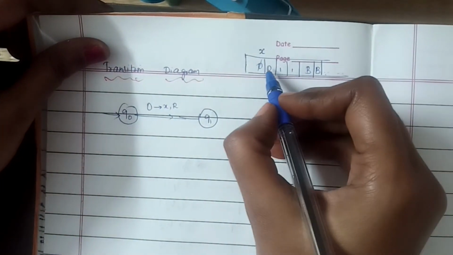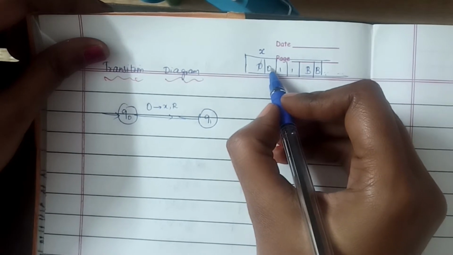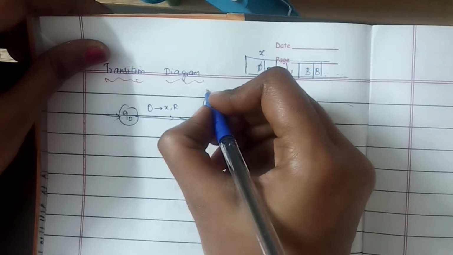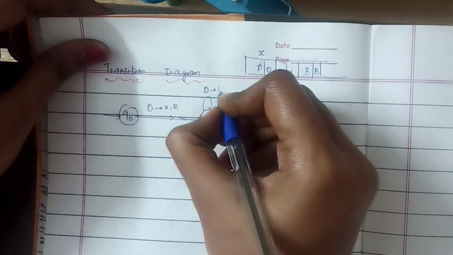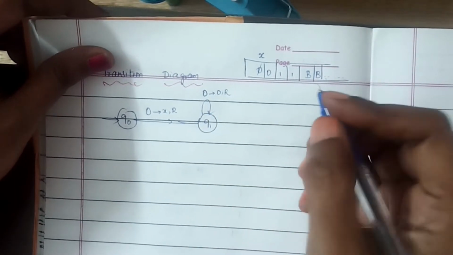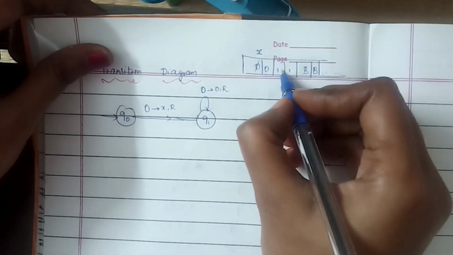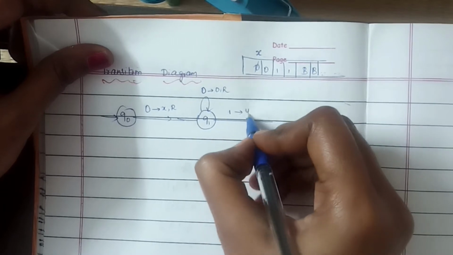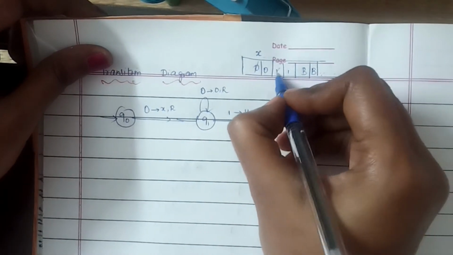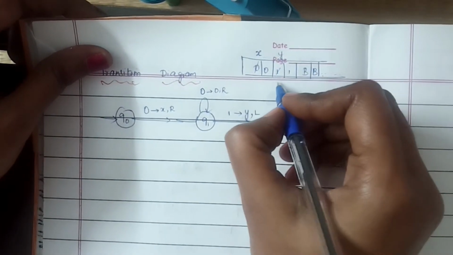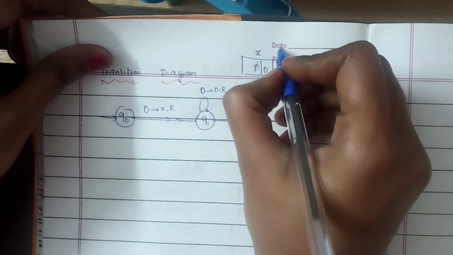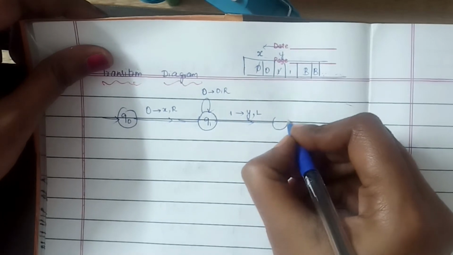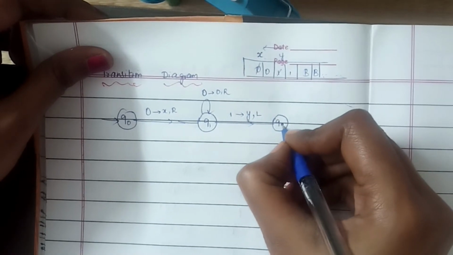Whenever other zeros come, nothing is changed; 0 stays 0 and moves right. When you see a 1, it has to be changed to y, and you go left until x comes, right? So this is q2.